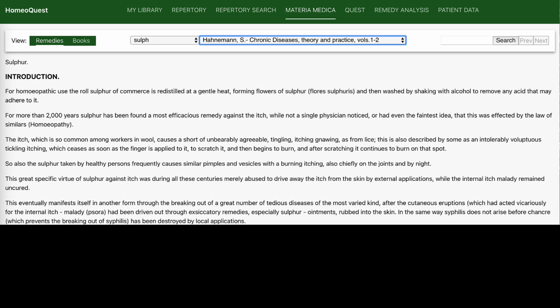This virtue of sulfur against itch was abused to drive away itch from skin by external applications, but the internal malady remains uncured. And this eventually manifests in another form, breaking out in a great number of tedious diseases of most varied kind, which is what he calls secondary psora, after the cutaneous eruption has been suppressed by sulfur ointments, in the same way as syphilitic chancres have been destroyed by local applications.